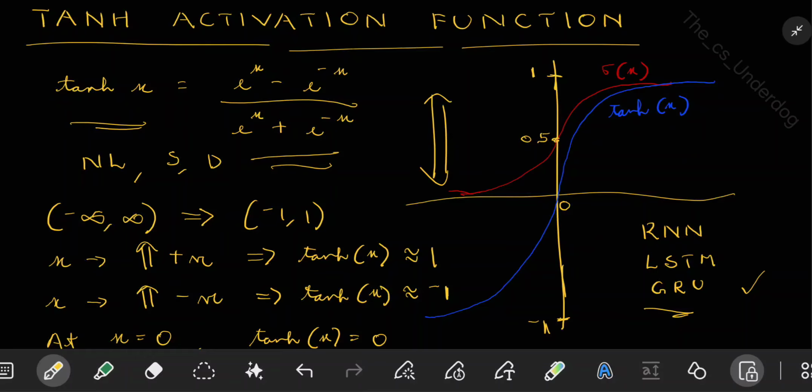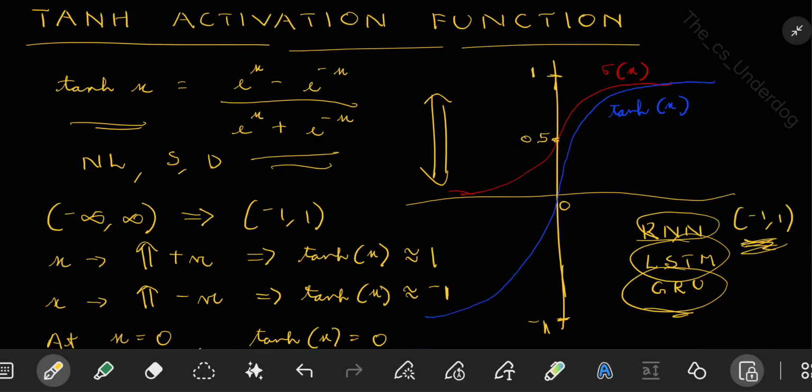What is the reason? The reason is one bounded range, which is between -1 and 1. This range helps when it is used in these neural networks in order to control the values coming out of each layer. If you use the real value instead of this scaled value between -1 and 1, then when you have a lot of layers, these values may shoot up.